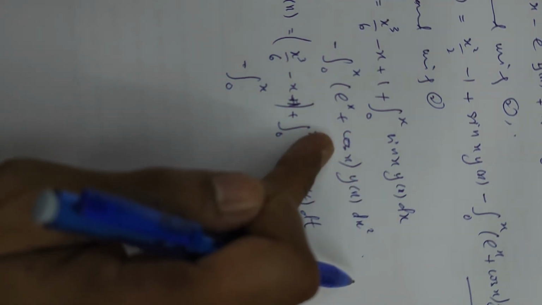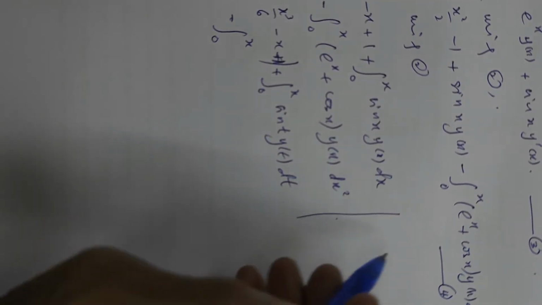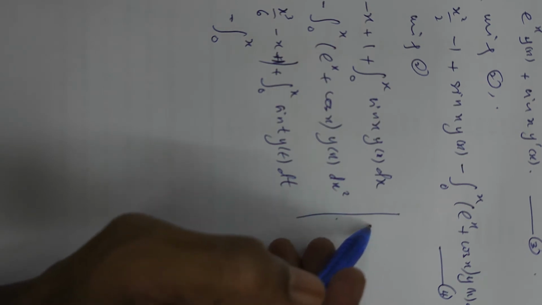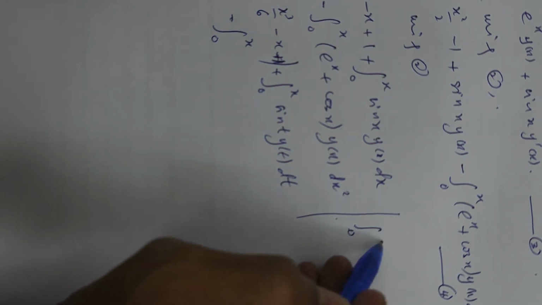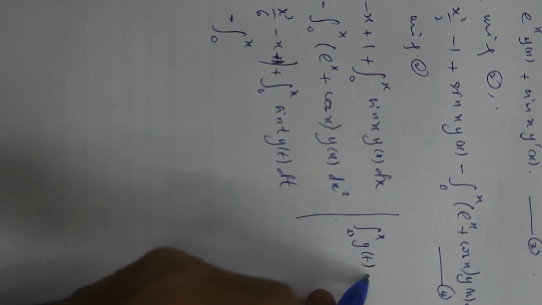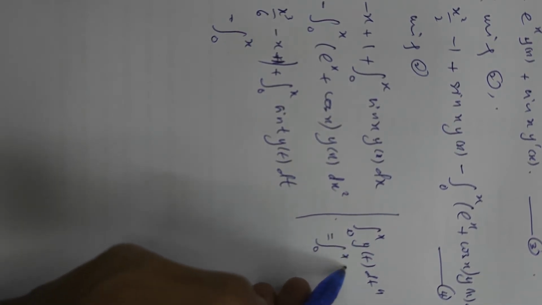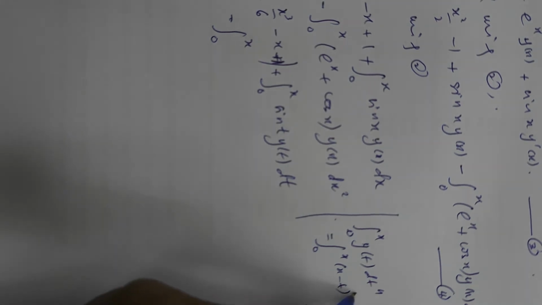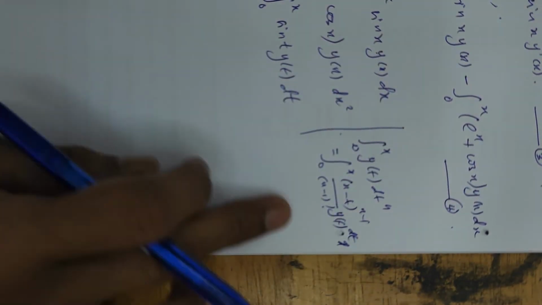In this case, we have used the relation that the n-fold integral from 0 to x of y(t) dt^n is equal to the integral from 0 to x of (x minus t) to the n minus 1 over (n minus 1) factorial, y(t) dt. Yeah, this relation here.